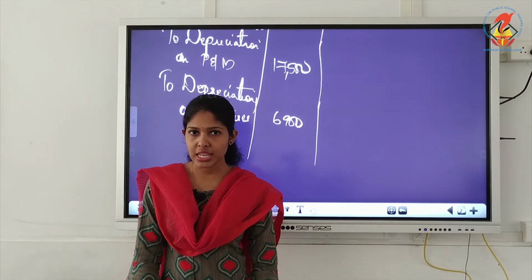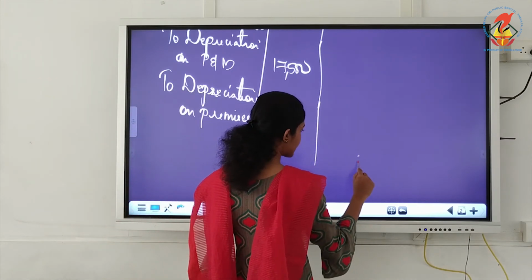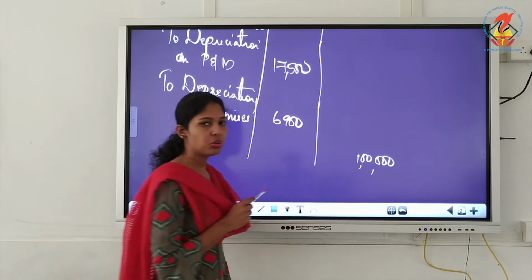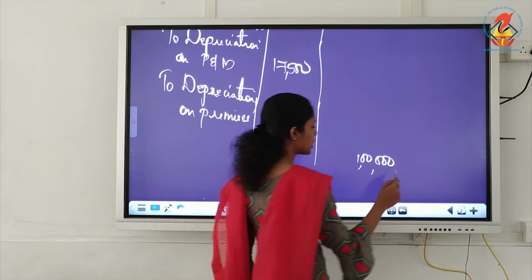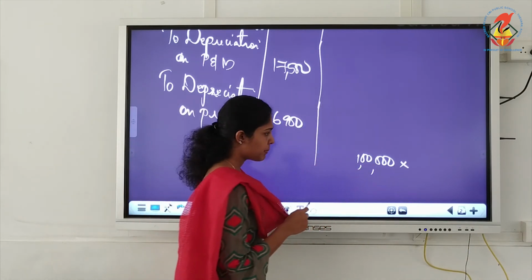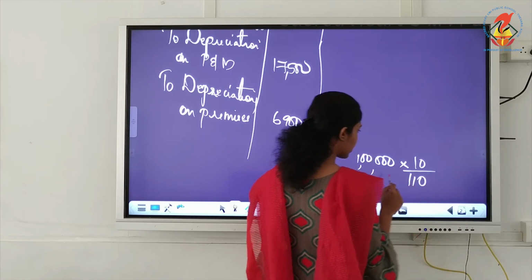Suppose it was a net profit. Suppose your answer was like, I mean this is just an example, suppose you got the net profit as 1 lakh. What will you do? On this you have to compute the manager's commission. Here it is given like 5%, take 10%, I mean for easier calculation only, understood.